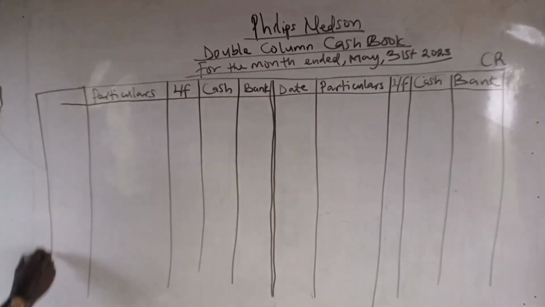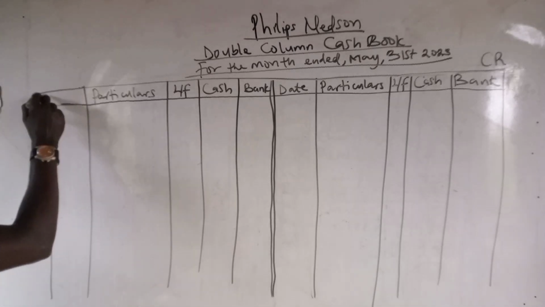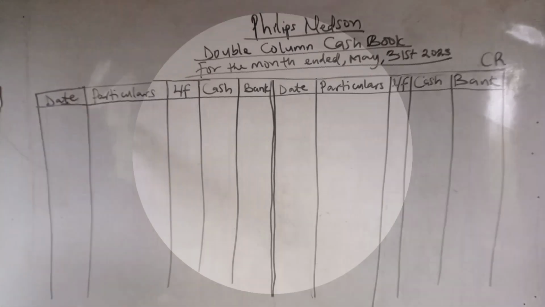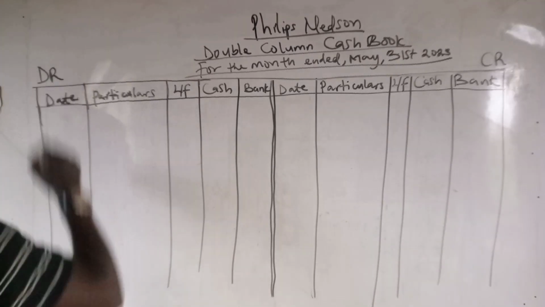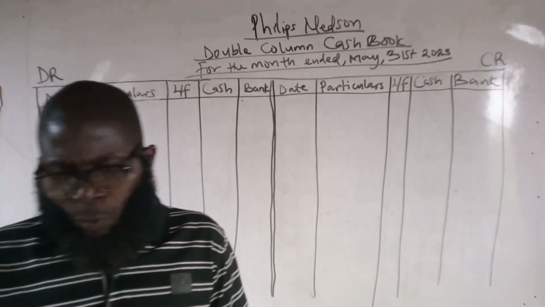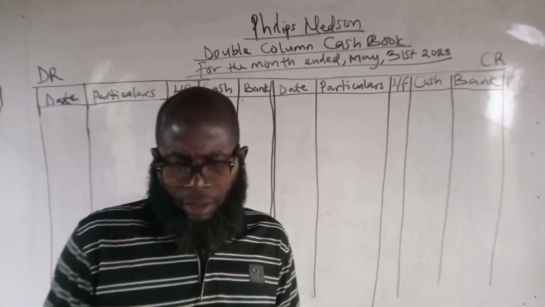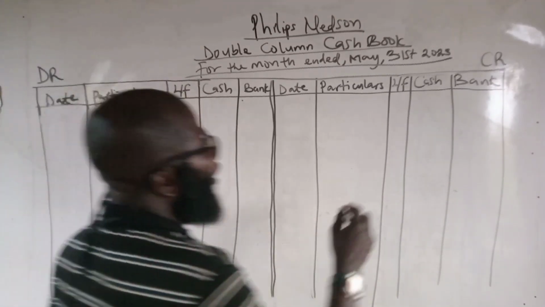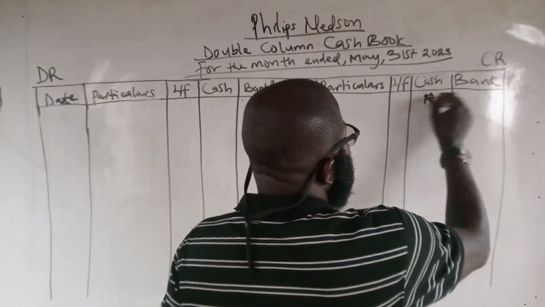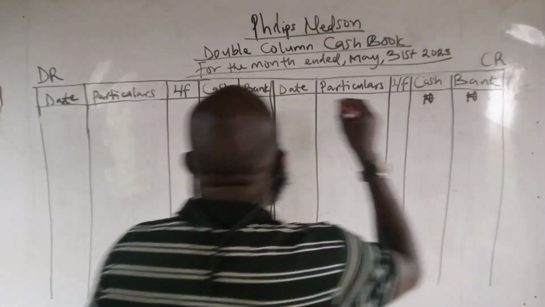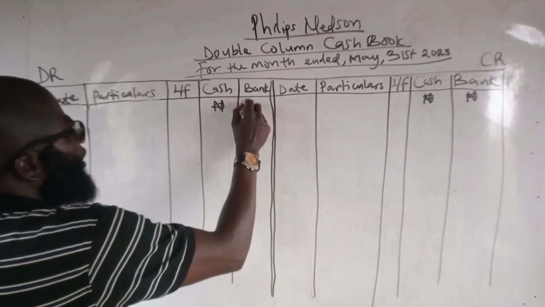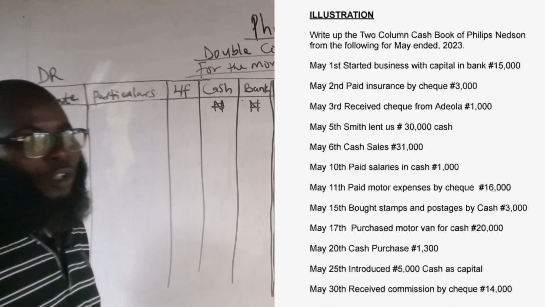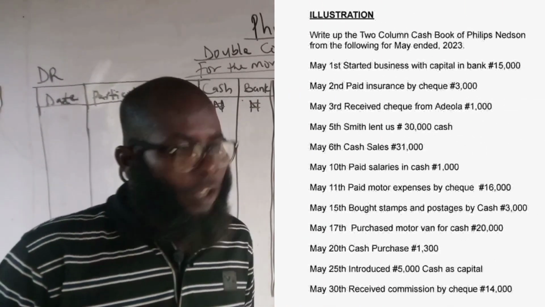Then we have date. This side is called the debit side. Now, the currency we are using for this question is naira, therefore I will need to put the currency symbol here. It depends on the currency you are working with.